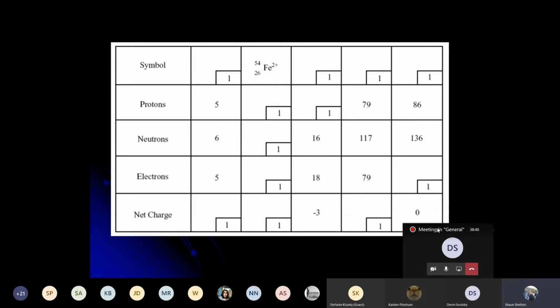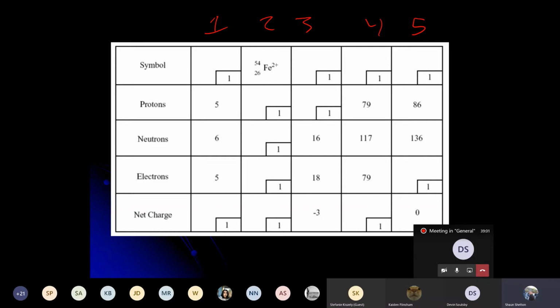So what I do have is a problem here that's a good example. I'm going to do the first column for you. There are 5 columns here, so I'll do column 1. You take the information given to you and figure out what the element is. You write the nuclear symbol along with the charge if it does have a charge.